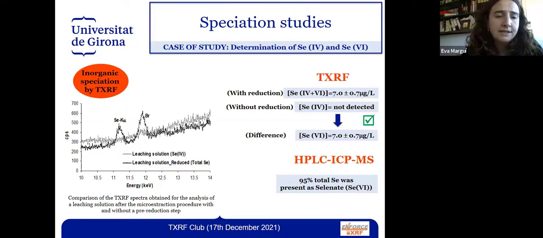And in this case, we see a selenium peak of 7 ppb of total selenium. So with the difference, we can conclude that most or all of the selenium in this leaching solution was in the form of selenium-6. The result was also confirmed by HPLC-ICP-MS.